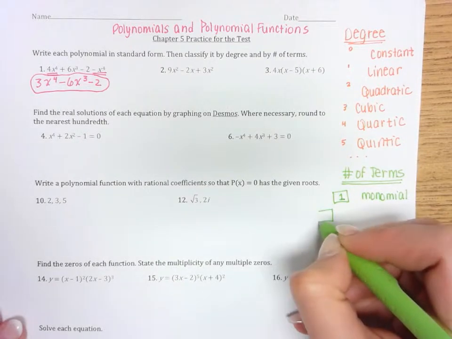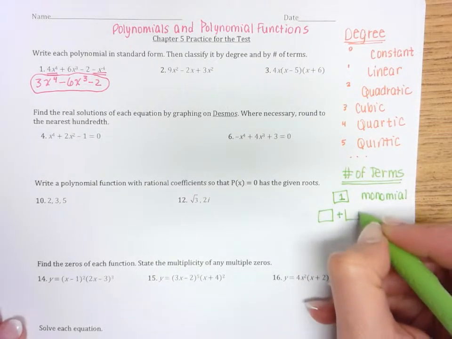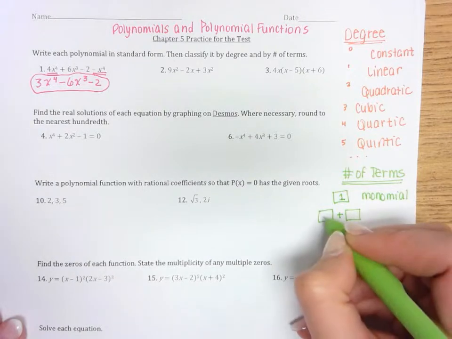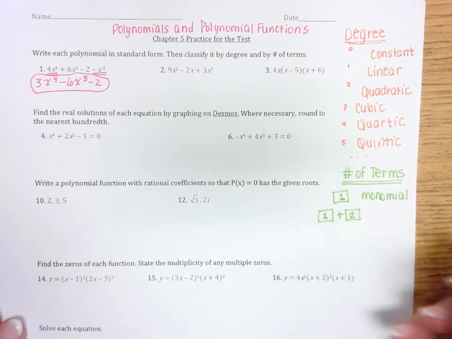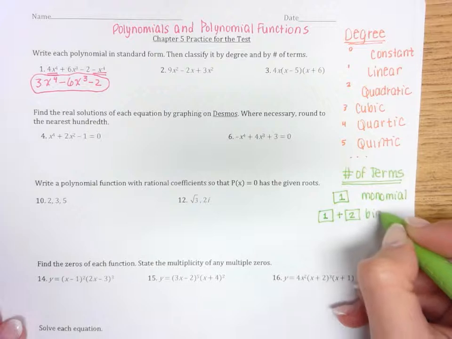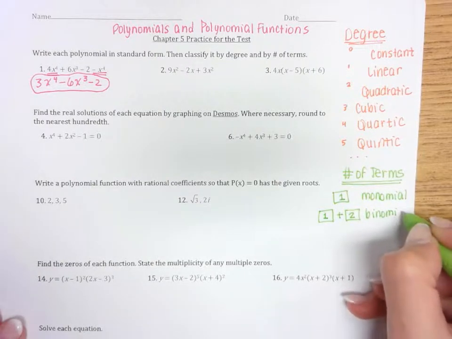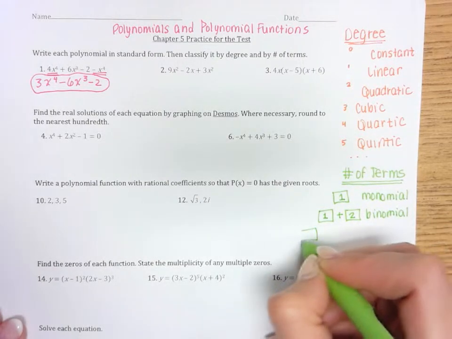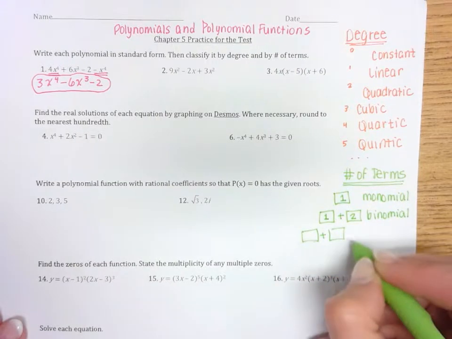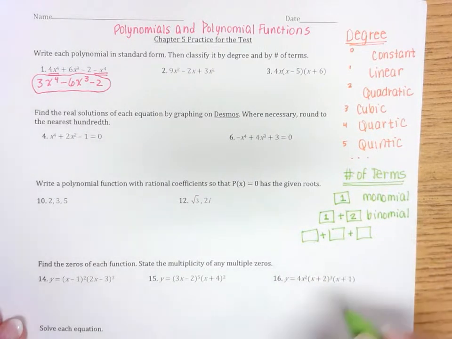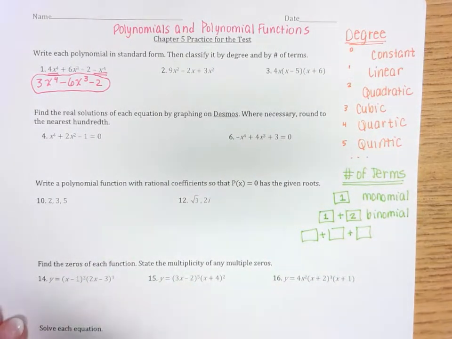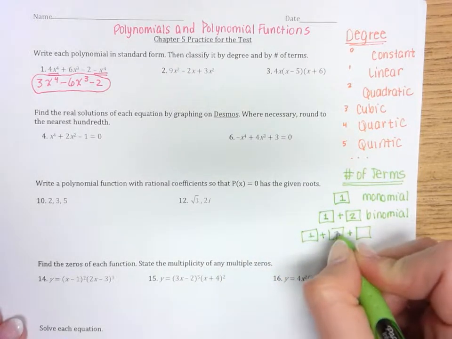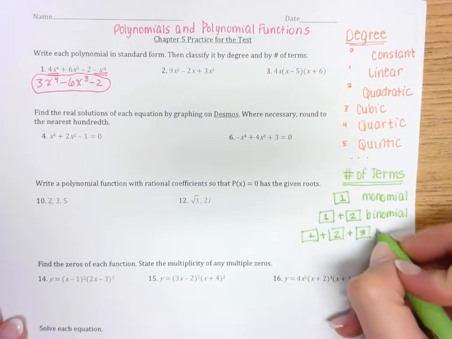If you have 2 terms, obviously adding could be adding a negative, so it could be subtracting. If you have 2 terms, that is a binomial. If we have 3 terms being combined with plus or minus signs, that is called a, we're not going too crazy here, trinomial.